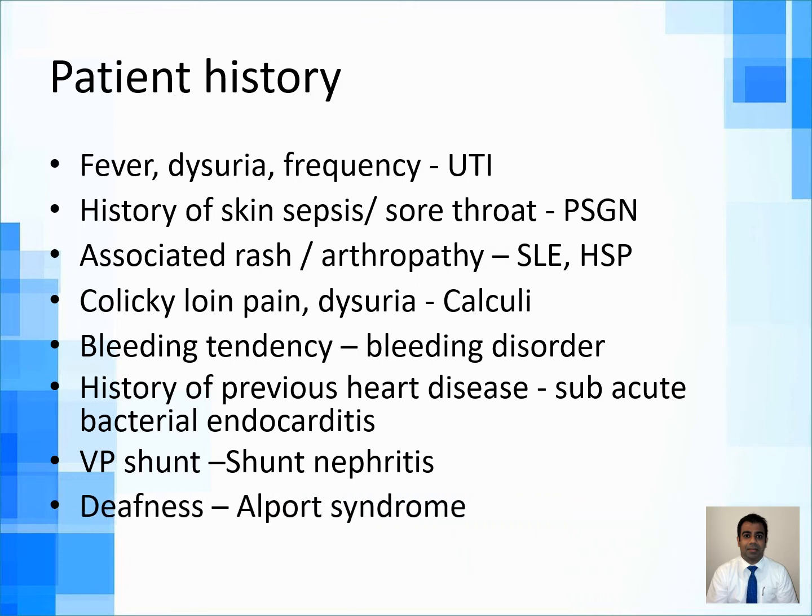If there is associated deafness, and there's a family history of deafness and renal disease, this would indicate Alport syndrome, which is a familial nephropathy.